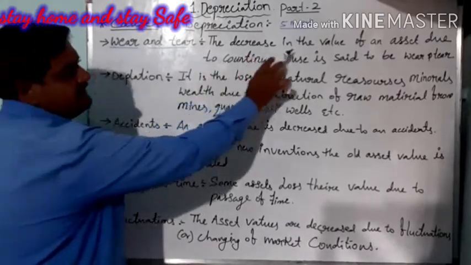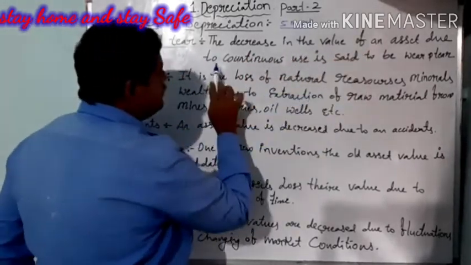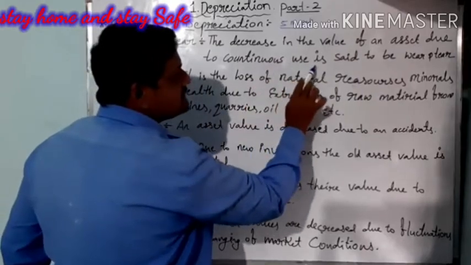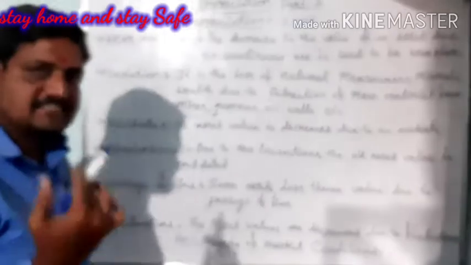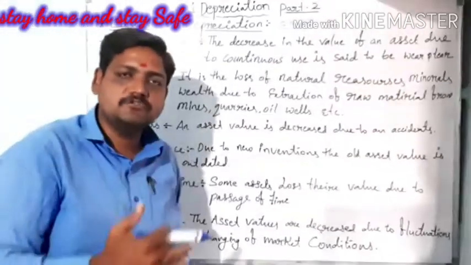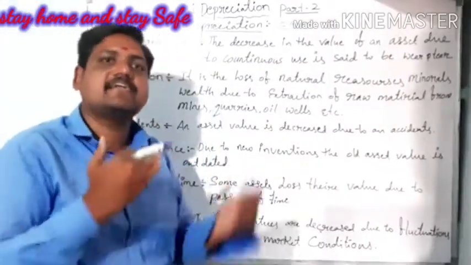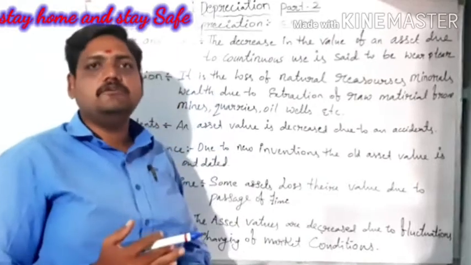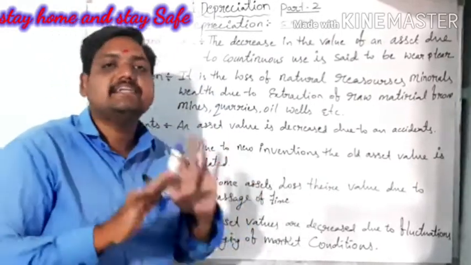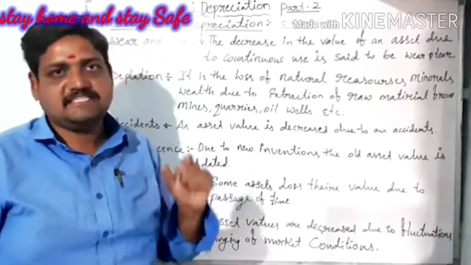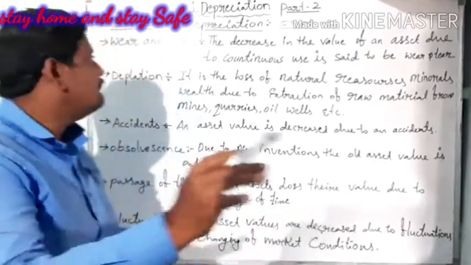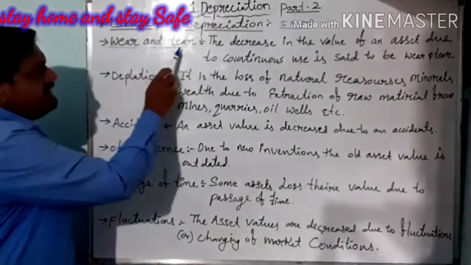The decrease in the value of an asset due to continuous use is said to be wear and tear. If we use an asset continuously, constantly, that asset's value will decrease. That decrease is called depreciation. How is it decreased? By wear and tear.